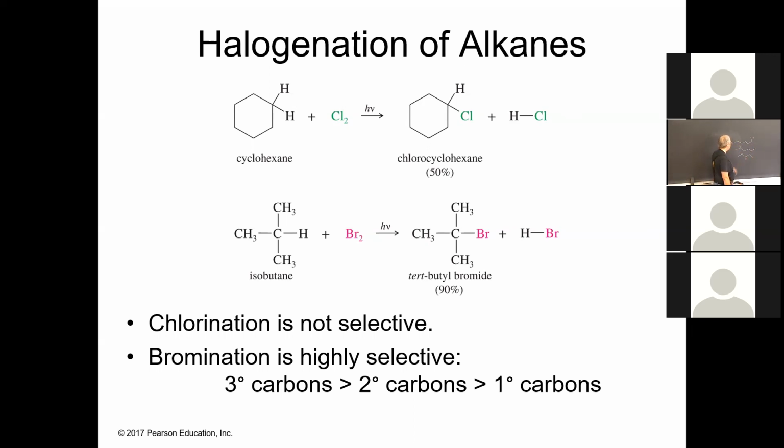We'll get a mixture of all of these. And if 1-chlorohexane was the product we want, that's going to be a minor product because it's a primary halide, and it would result from a primary free radical. So this is not a good plan for making, say, something like 1-chlorohexane.